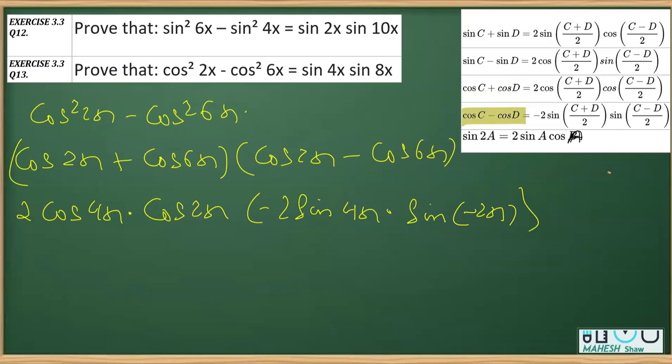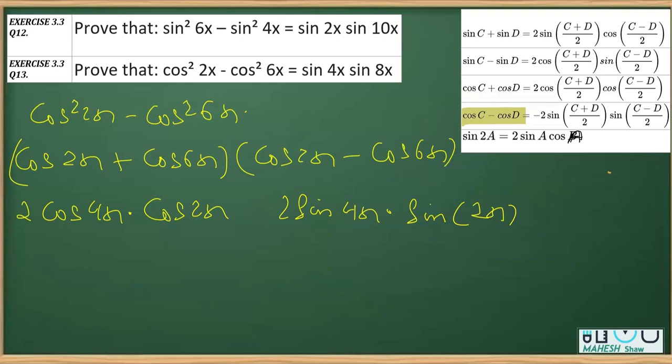Now we should know that sin minus 2x is minus sin 2x. The general identity is sin minus theta is minus sin theta. If I take this minus outside, it will become plus, and that is the reason I can write this as positive instead. You need to show it in two steps in the exam. I'm doing it directly.